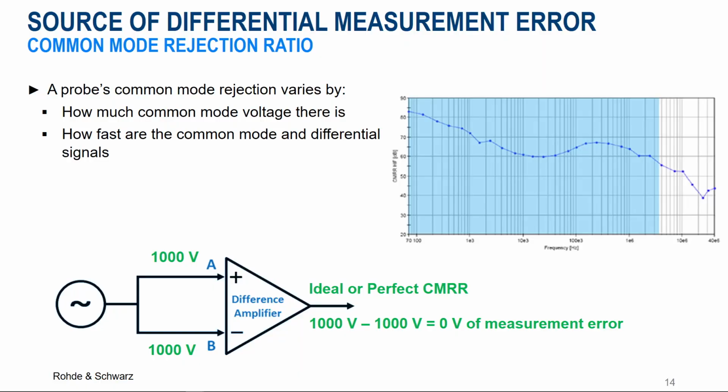Consider the common mode rejection ratio versus frequency plot of a Rohde & Schwarz ZHD series of differential probes. As shown in the plot, these probes have a high common mode rejection ratio capability across bandwidth, as represented by the shaded blue area. These probes have a usable common mode rejection specification for accurately measuring the high side gate driver on most silicon MOSFETs and IGBTs, and even on some silicon carbide designs.